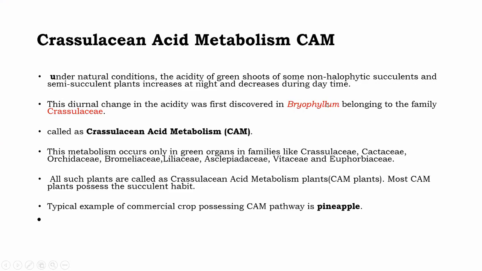This plant belongs to the Crassulaceae family. This particular acidity in green shoots we call crassulacean acid, so this mechanism is called Crassulacean acid metabolism. This is CAM. So now C3, C4, CAM.